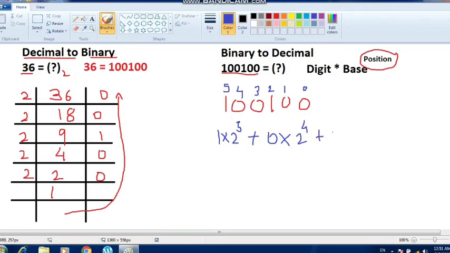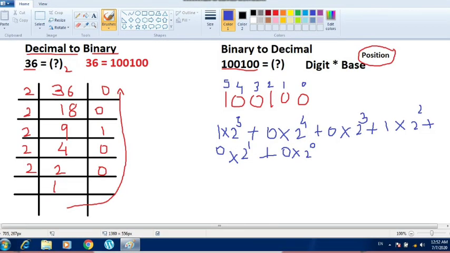Digit is 0, base is again 2, position is 3. Digit is 1, base is 2, position is 2. Now again digit is 0, base is 2, position is 1. Digit is 0, base is 2 and the position is 0.